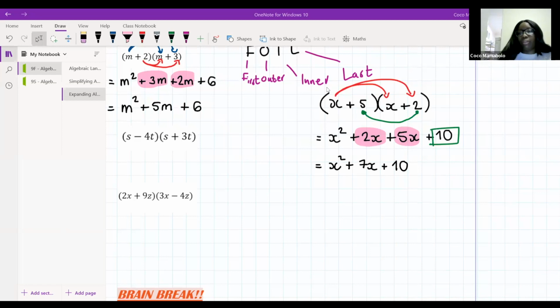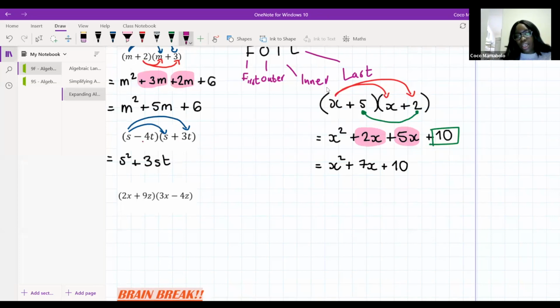Yes, that one. s times s is s squared. Beautiful. s times positive 3t is positive 3st. Beautiful, positive 3st. Let's do the bottom.